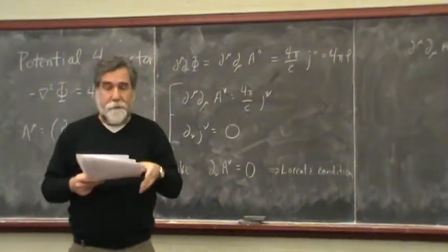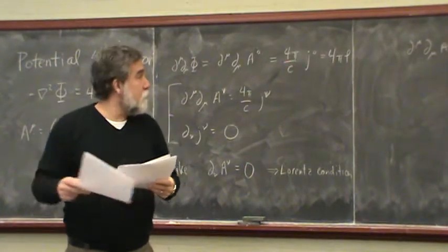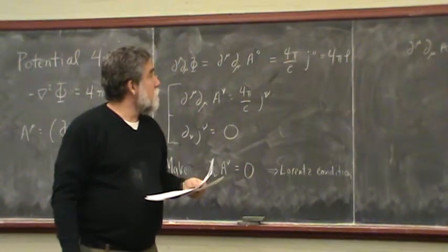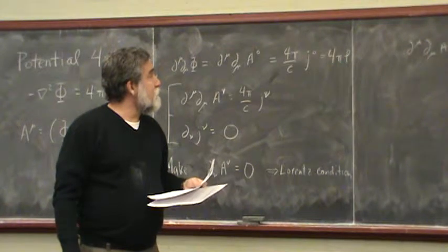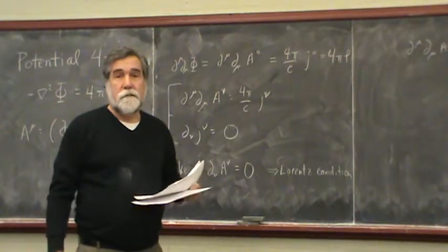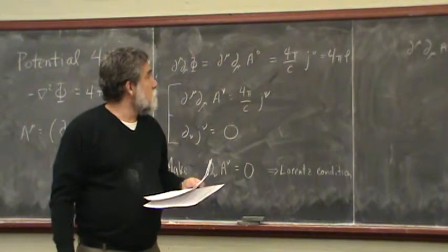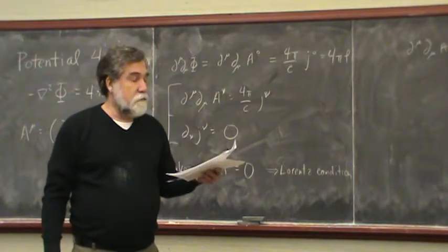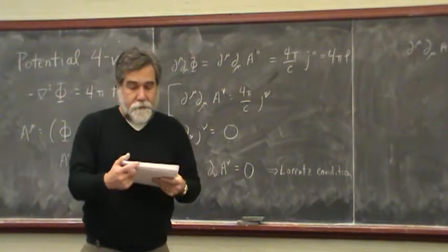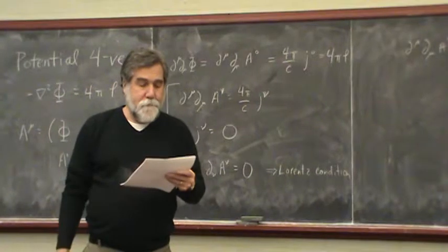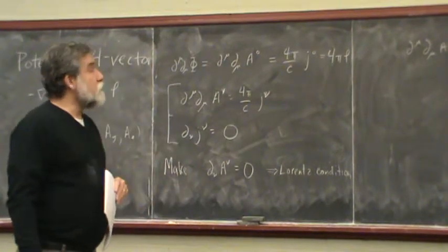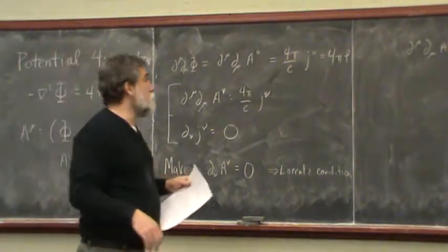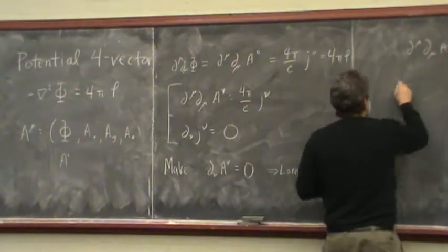Is that a J to the nu, or is that a different symbol above the J? That's a new one. They're all new symbols. Other than the electric field ones, the rest are all new.